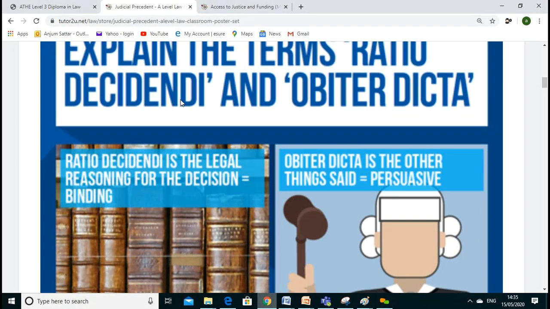The first one is the legal reasoning for the decision being binding. It's a legal reasoning for a binding decision, that is what is meant by stare decisis. The next word is persuasive.